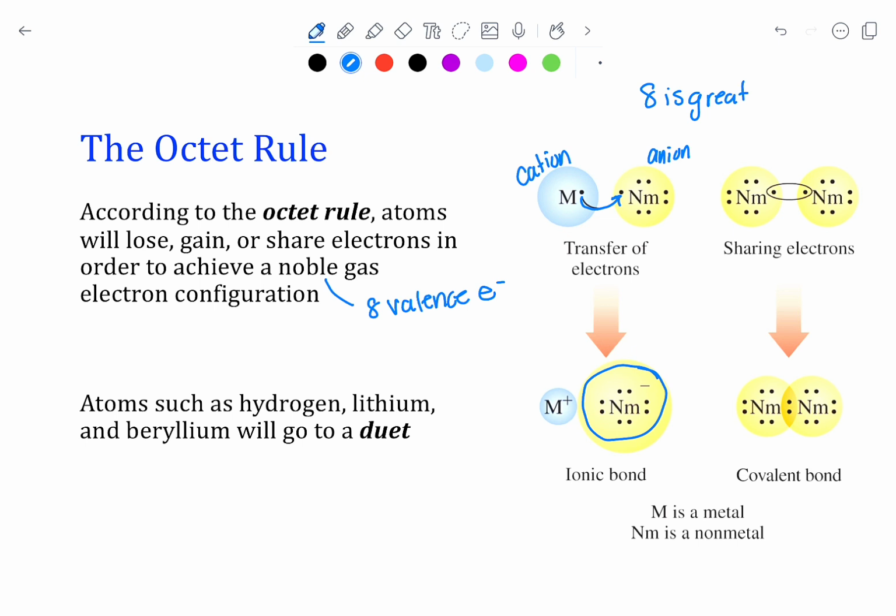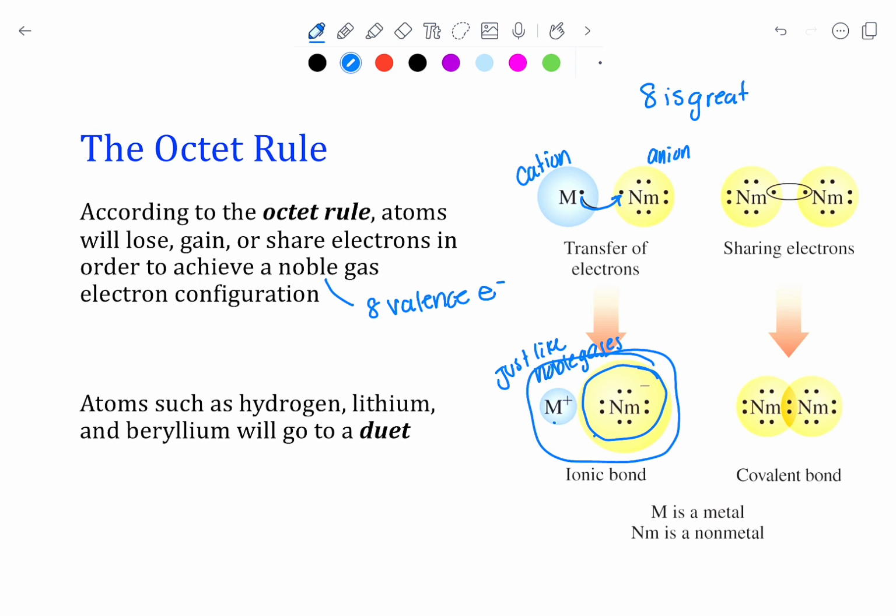So both of these elements, a metal and a non-metal in this case, are just like noble gases. They want to be like the noble gases because noble gases are very stable.